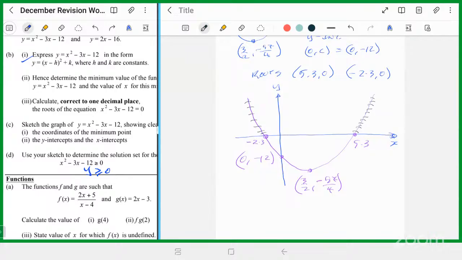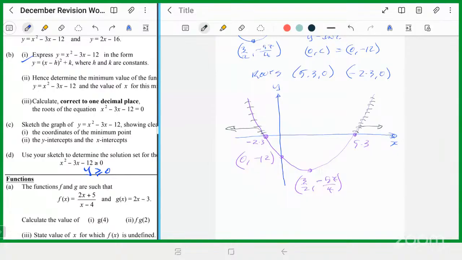The y values up here are obtained by x values to the right of this 5.3, so you want your x values to be greater than 5.3. And y values up here are obtained by x values down here, less than negative 2.3, so you want your x values to be less than negative 2.3 as well.